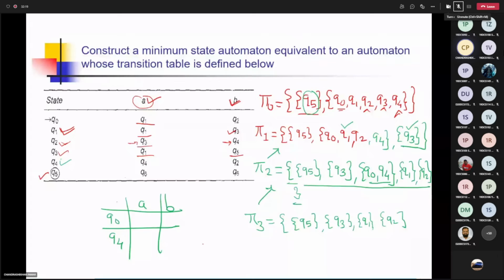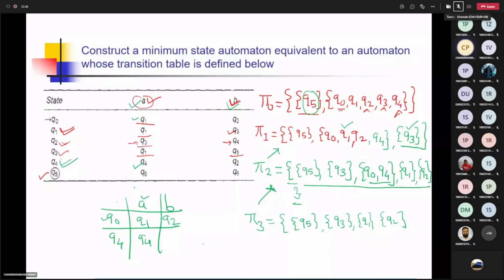So what is the transition of Q0 with input A? Q0 with input A goes to Q1. Q0 with input B goes to Q2. Q4 with input A goes to Q4, that is itself.